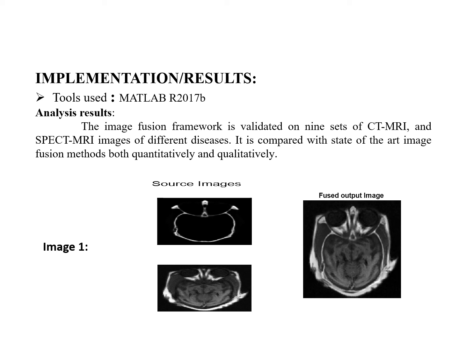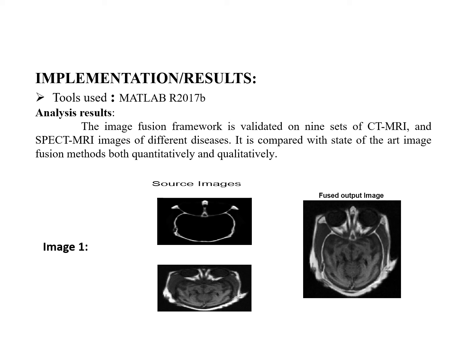Three pairs of PET and MRI images, three pairs of MR-T1 weighted and MR-T2 weighted images, three pairs of MR-GAD and T1 weighted images. As shown in image 1, the first one is a CT image.